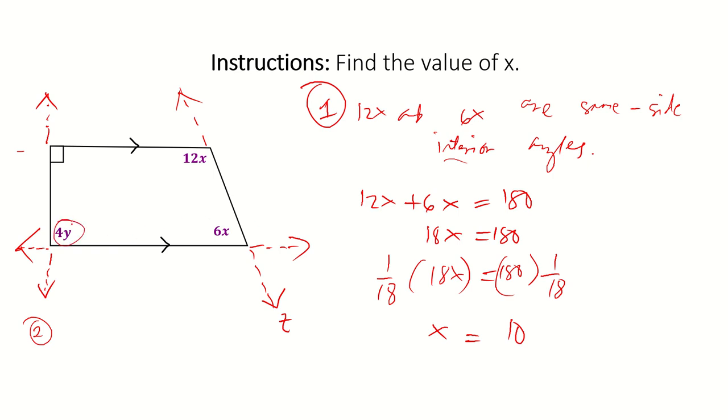So what's the relationship between 4y and 6x now? They're also same side interior angles. Same side of the transversal, the ones on top, and then both are interior angles. So same side interior angles. So 4y plus 6x must be equal to 180.